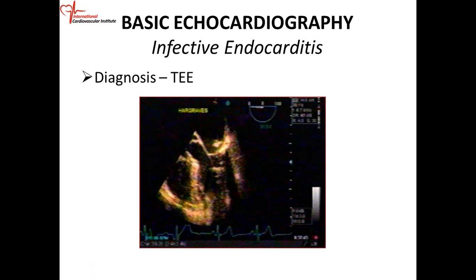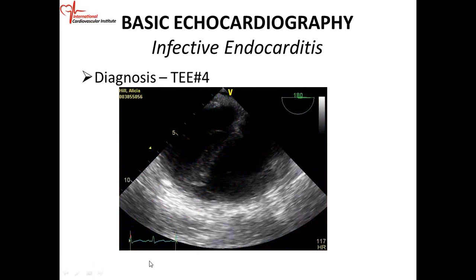There's some suspicion on the mitral valve, and then we go on to do the transesophageal echo. So she had a vegetation on the mitral valve, and apparently this vegetation broke off and traveled through the coronary system and obstructed it, and she had a heart attack. So, sometimes you get all sorts of presentations.